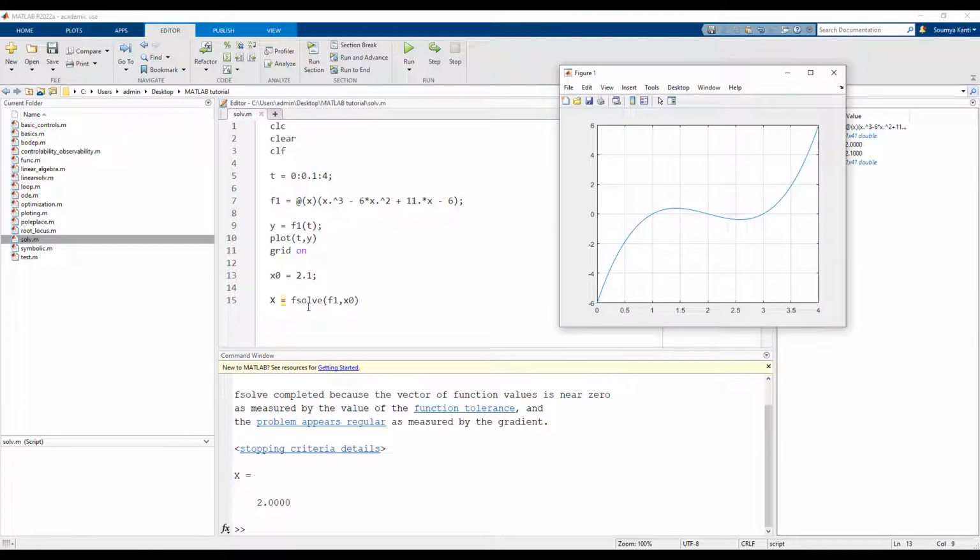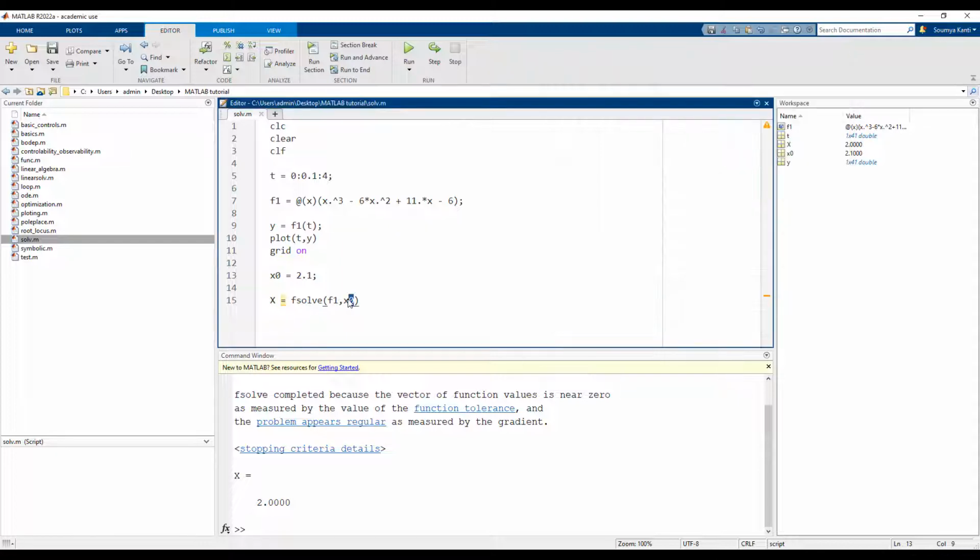So fsolve actually gives out only one solution, which will be close to the initial guess you provide. It's also important that you provide a good initial guess, because if the initial guess is too far from the solution and the function is too complicated in nature, fsolve can't find the value.